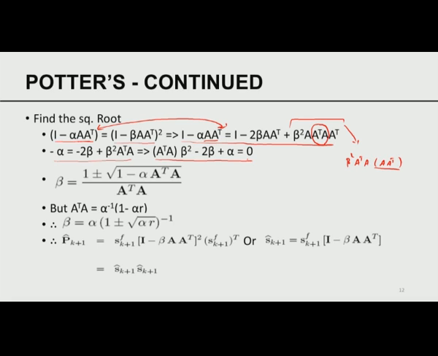Now please understand, A transpose A is a scalar. Therefore, this becomes a quadratic equation in beta. The solution of the quadratic equation is given by this. So if I substitute back and unwind all the expressions, I get beta is given by this expression.